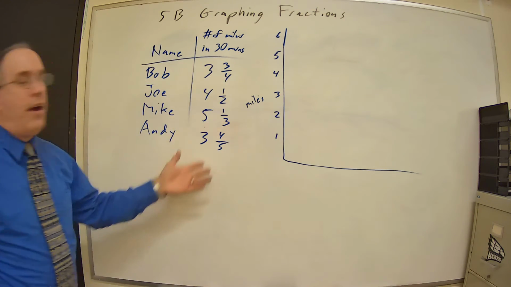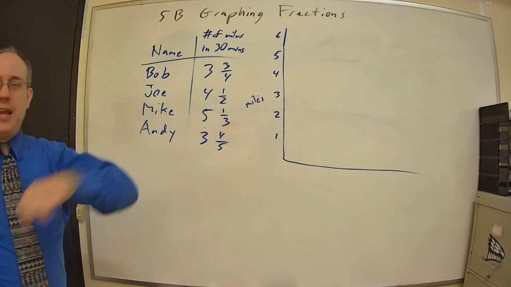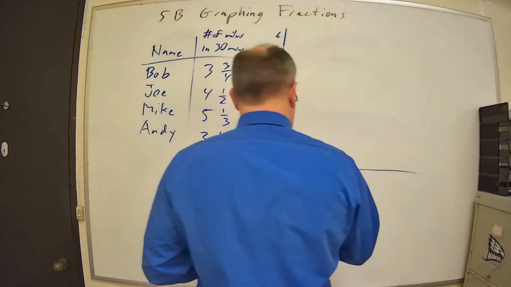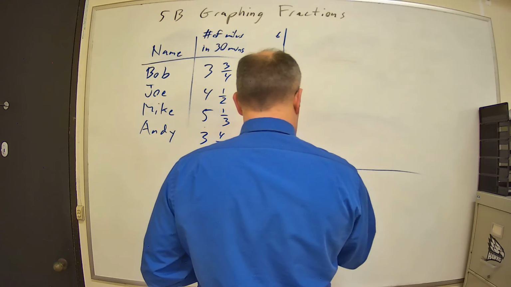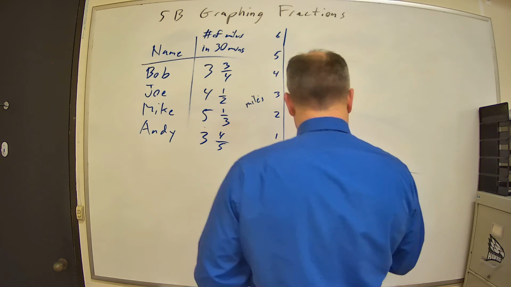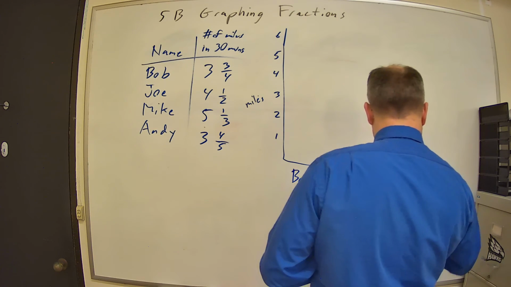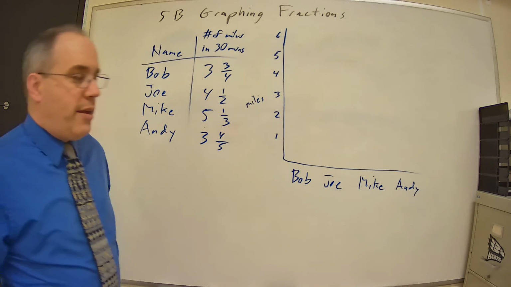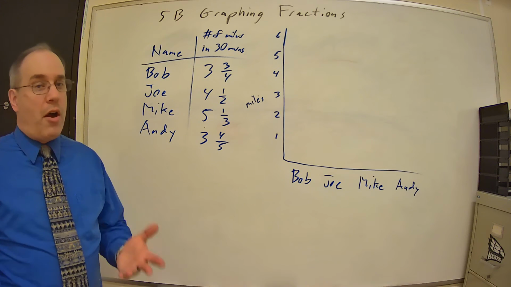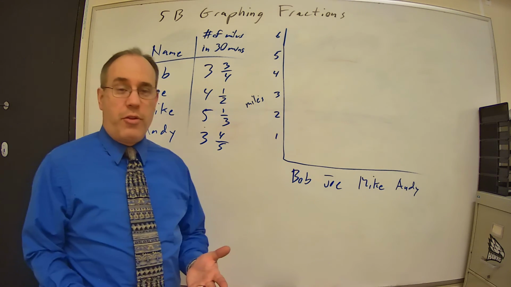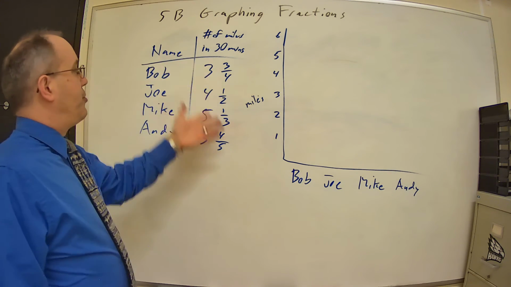Give myself enough to cover that. I'm going to put their names across the bottom: Bob, Joe, Mike, and Andy. And all we're going to do is create bars, just as we did in our regular bar graphs, up to the proper level.